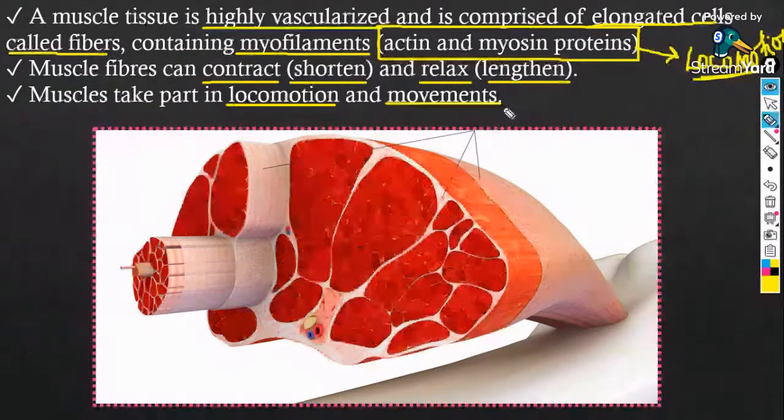So what is locomotion and what is movement? Most of you are saying they are two different terms. So tell me, what is locomotion, what is a movement?